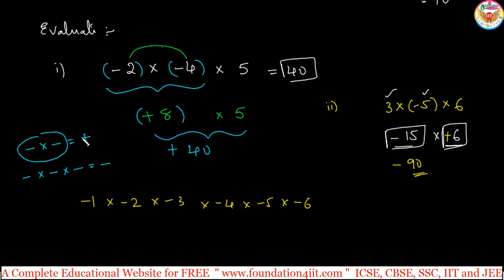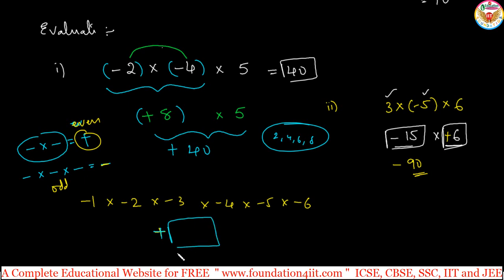If the negative sign occurs an even number of times, we get positive; if an odd number of times, we get negative. Here there are 6, so the final answer is plus. Then just multiply 1 into 2 into 3 into 4 into 5 into 6 and you get the answer directly.